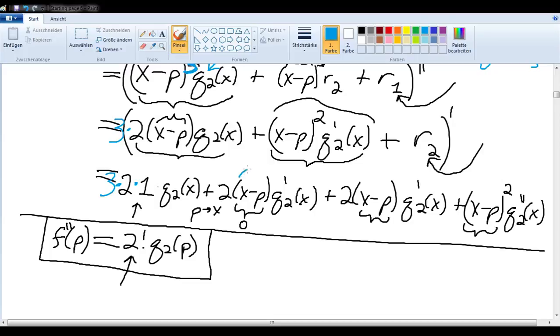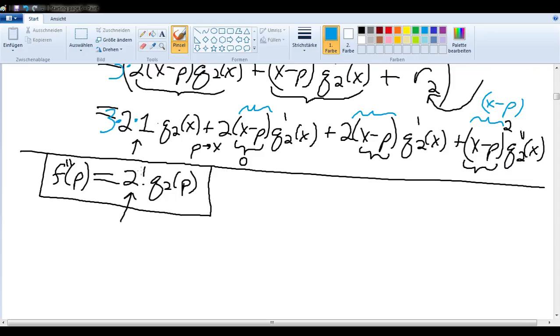And all of this stuff that fell away before, and a couple of new things, would all be falling away again, because they would always have an x minus p somewhere in them. And so we would end up, in that case, with f triple prime of p being equal to 3 factorial times q sub 3 of p.